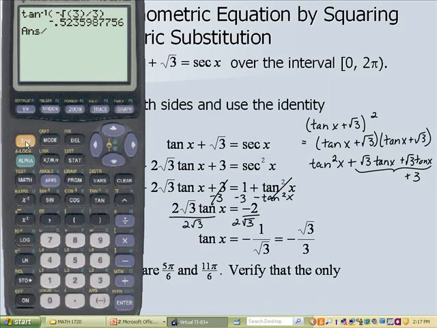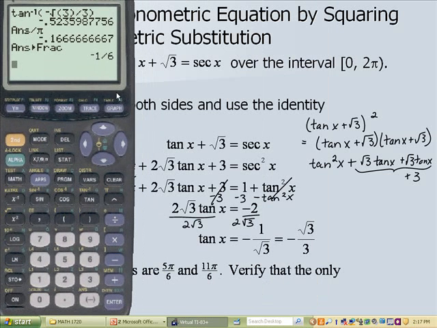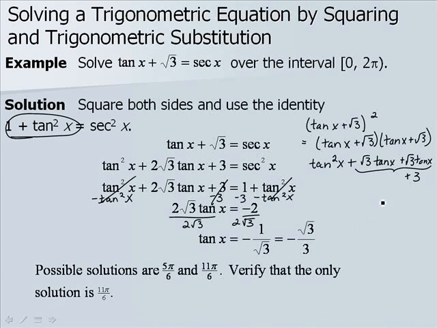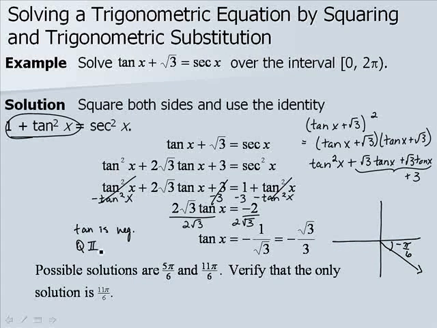And then we want to divide by pi and change that. So we get negative pi over 6, which is in quadrant 4. And we know that the tangent is going to be negative in quadrants 2 and 4.